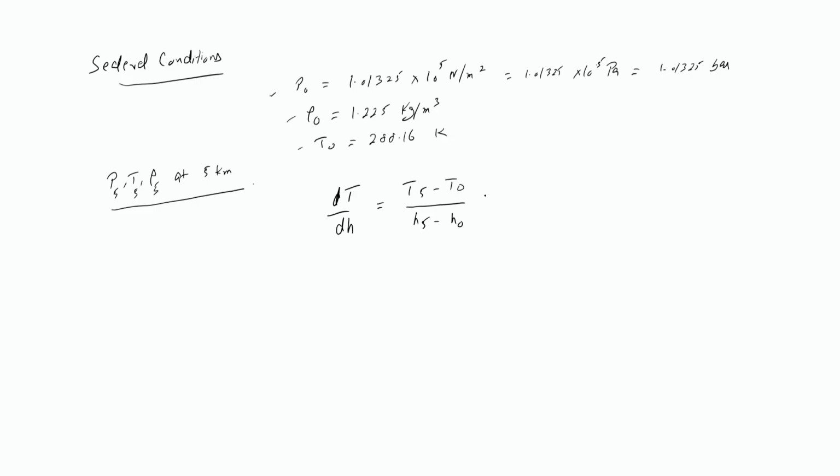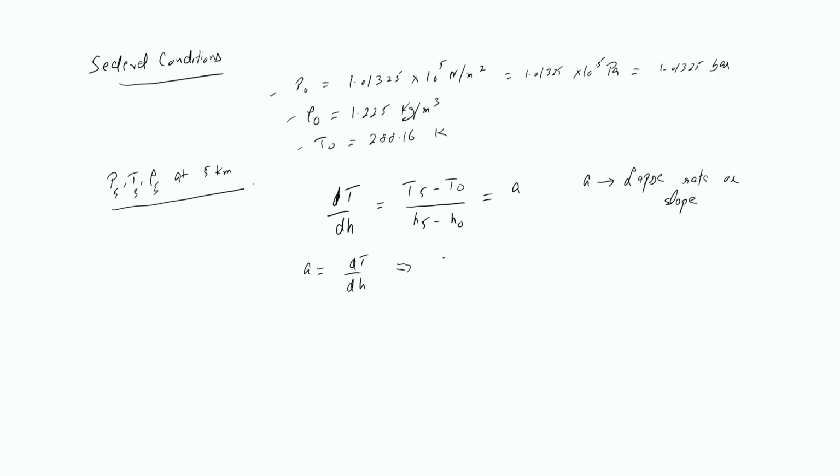Let me consider this as A. Here A is actually the lapse rate, or in other words, we can call it the slope. So A is the lapse rate, so A equals dT upon dh.